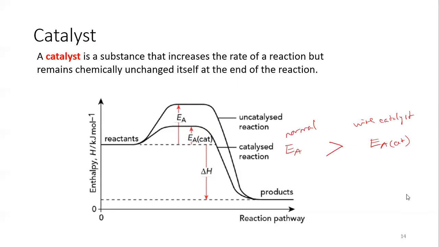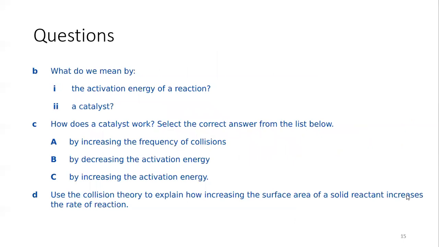It's bigger. So that's the reason why we use a catalyst: the particles need a smaller amount of energy and the chemical reaction can happen. So a catalyst saves energy for the reaction to happen.